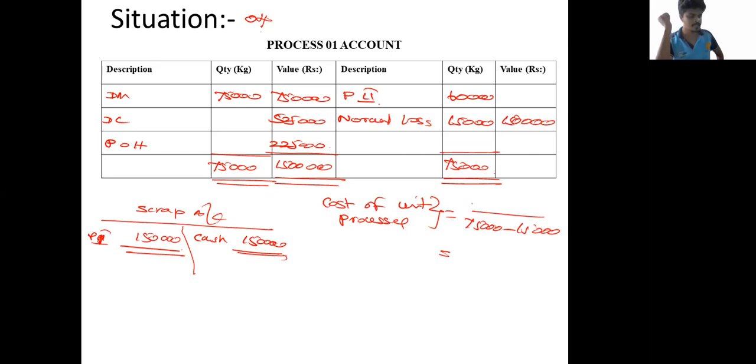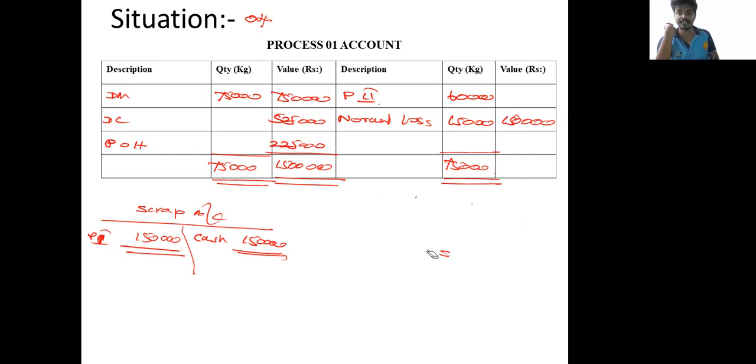So if we are having a sales value for the scrap, I will delete all these things. If we are having a sales value for the scrap, we can use that sales income of the scrap to cover the cost of the process.